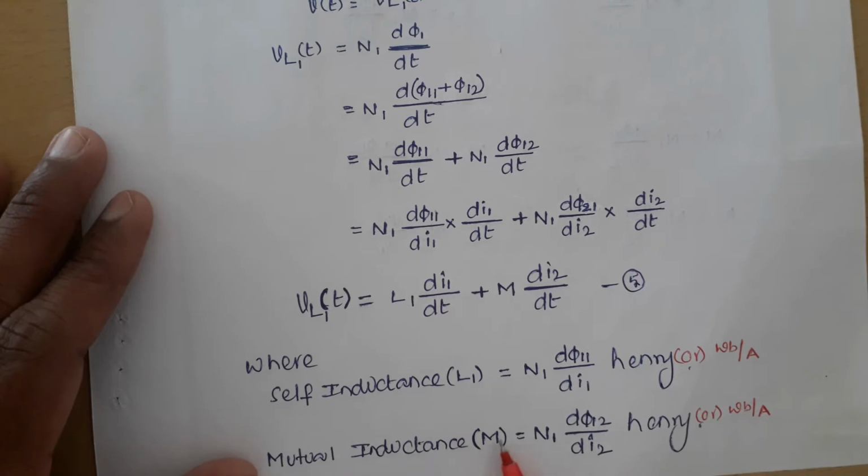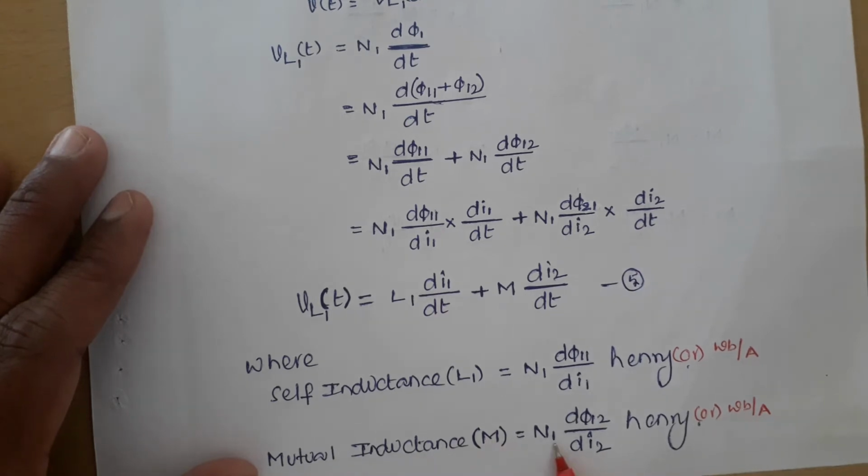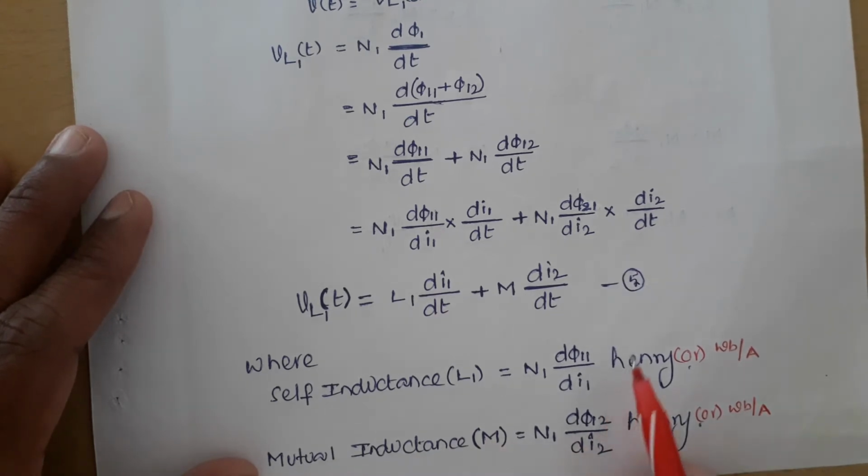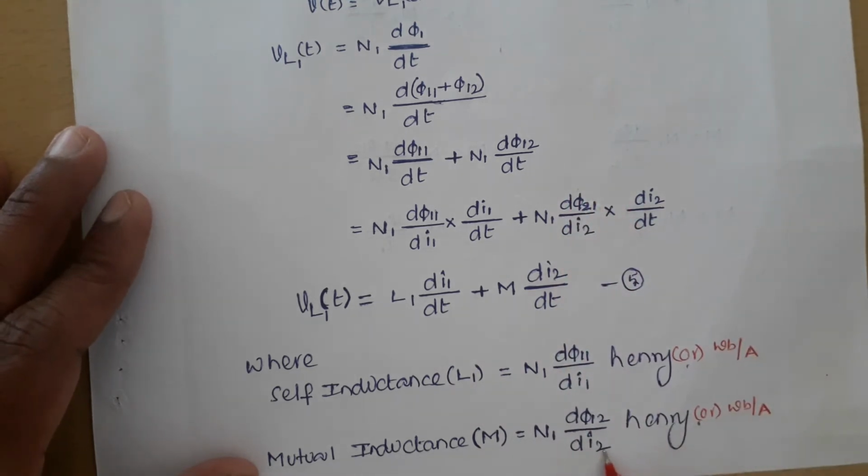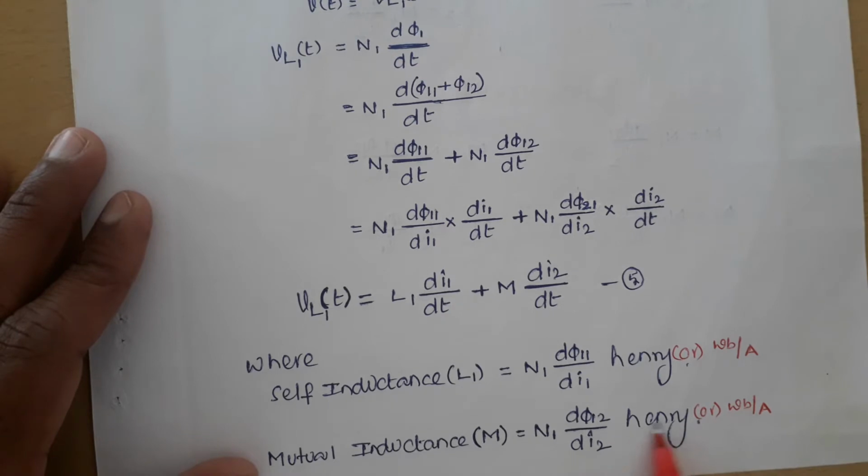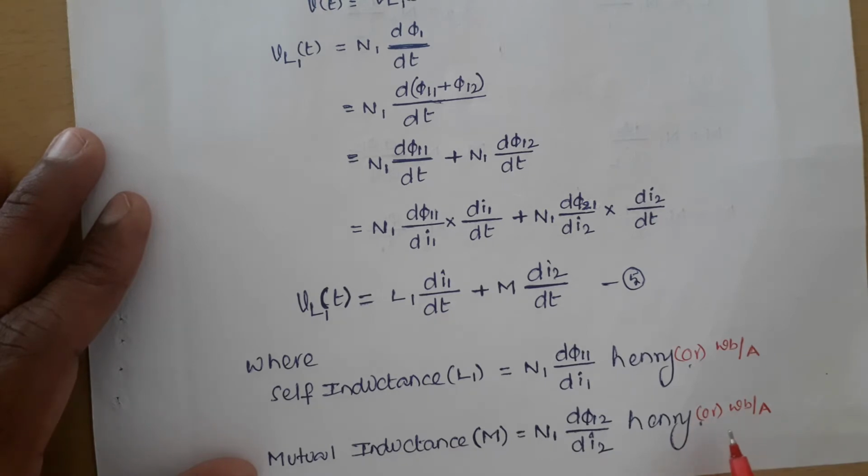So mutual inductance M is equal to N1 dφ12 by di2 Henry, or you can take φ12 or φ21. It is also Weber per ampere.